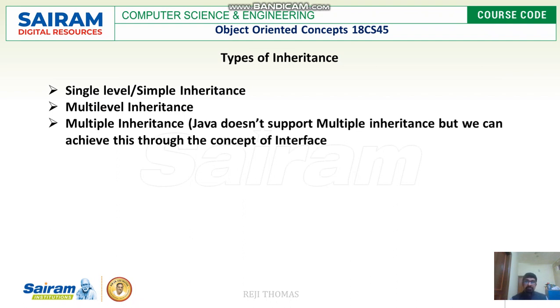Normally there are three types of inheritance in Java. One is single level, or simple inheritance. The second is multi-level inheritance, where a class takes properties from a subclass which has inherited certain properties from some other class.